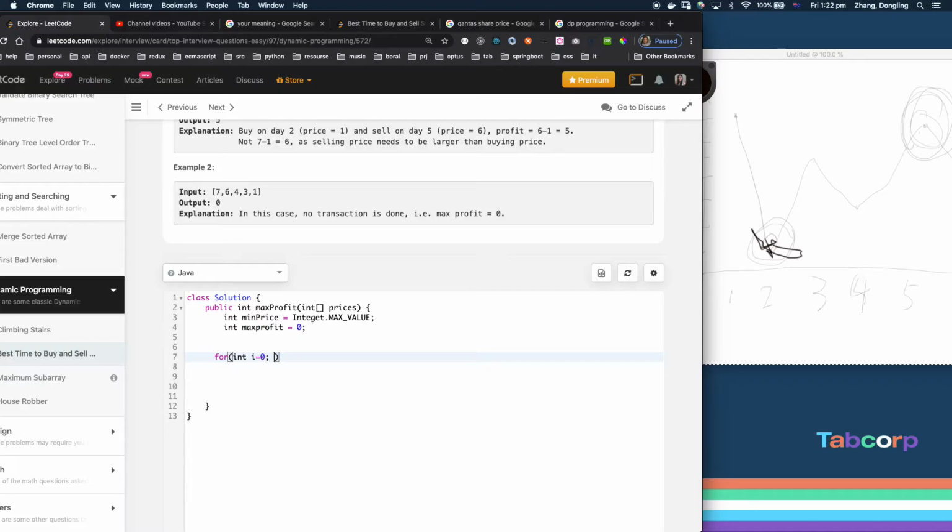So you loop through the whole array, and each time you compare the current price with the min price. If it is smaller, then the min price is updated.